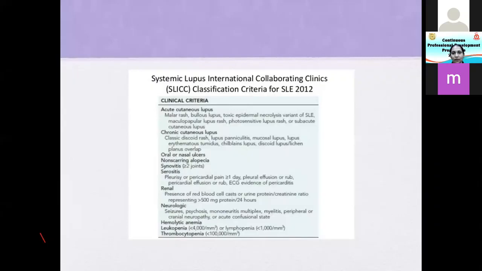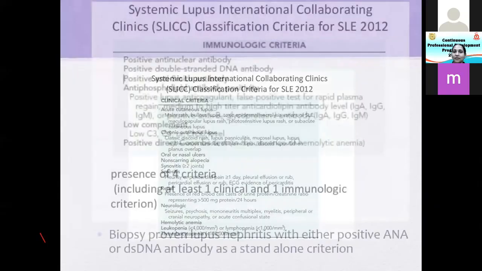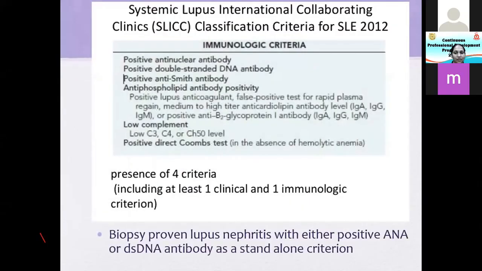More recently, following that, the Systemic Lupus International Collaborating Clinics, or SLICC, classification criteria for SLE in 2012 has given a set of clinical criteria as well as a set of immunologic criteria.